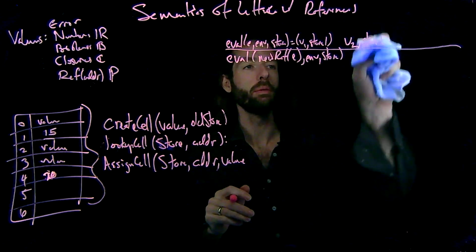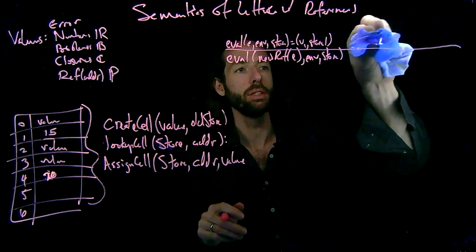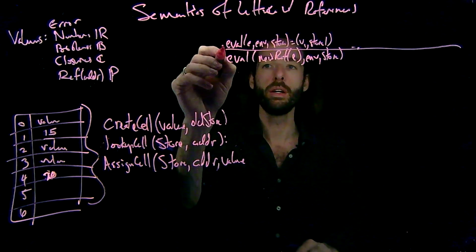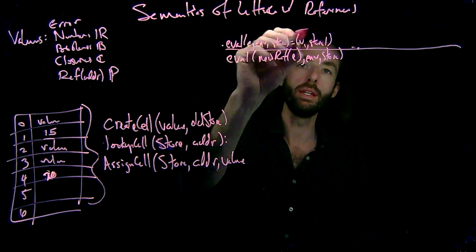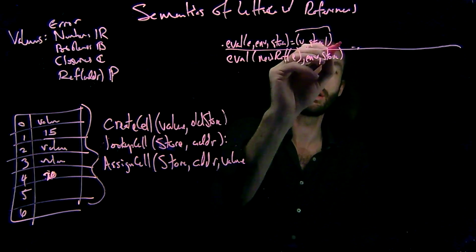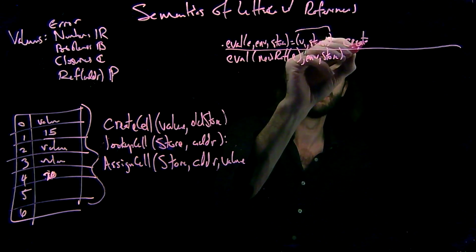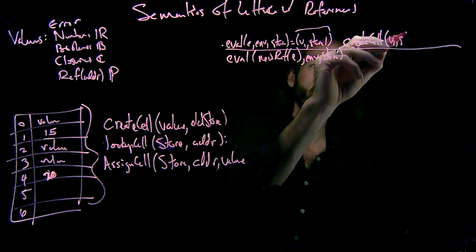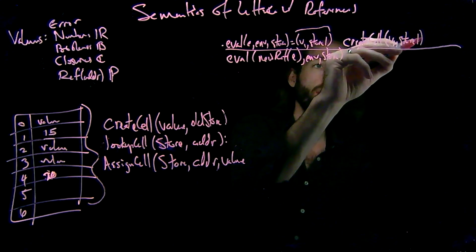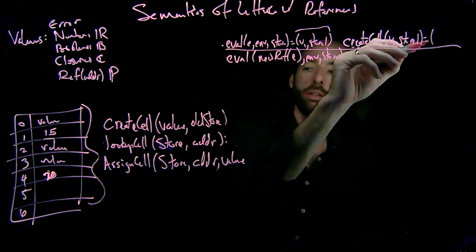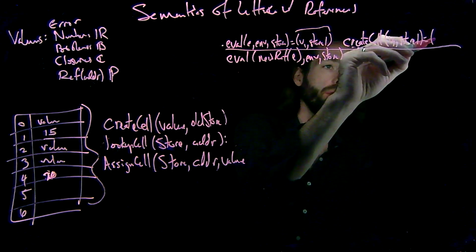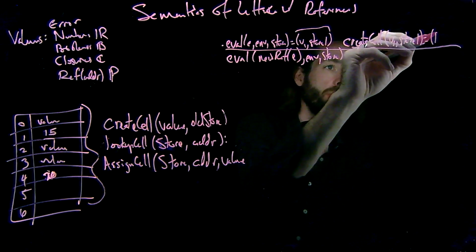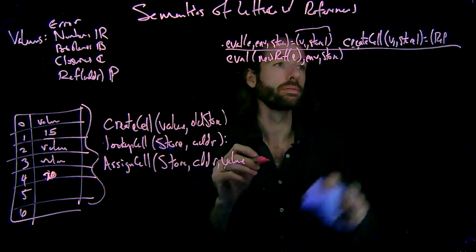I'm going to write it as our normal structure. We call eval, we get this as a return. So now I want to call create cell with v1 and store1, and that's going to return an address, which is going to be in the form of a reference.